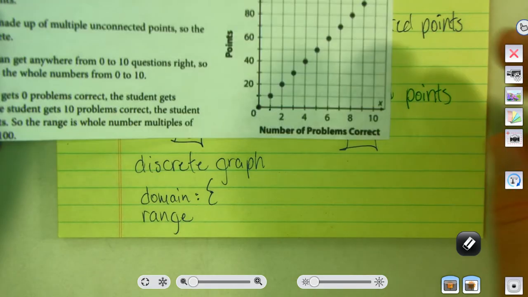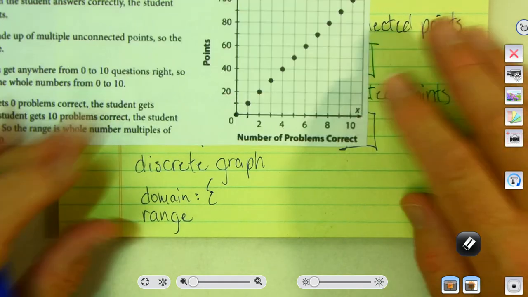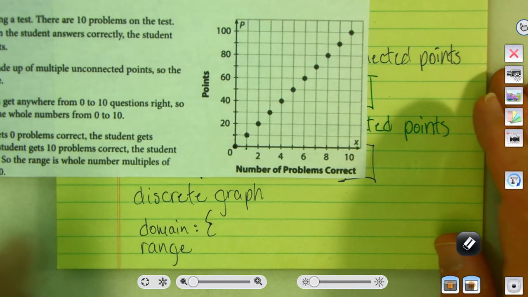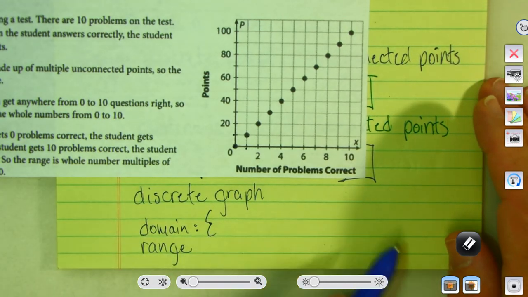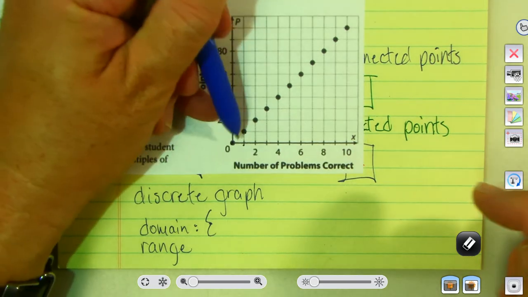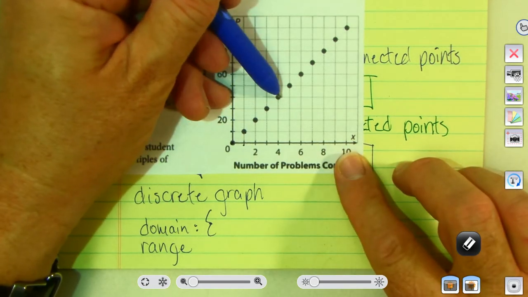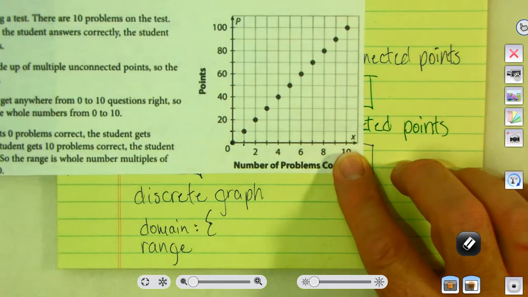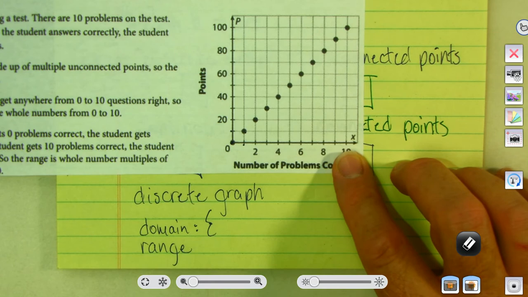So looking at this graph, then, my x-axis is the number of problems correct. And so if I'm going to state the domain, these are individual points here. And the only thing that I care about in the domain is the first of the coordinates. In other words, what are the x values? I don't care about the y values in the domain. That's the range.